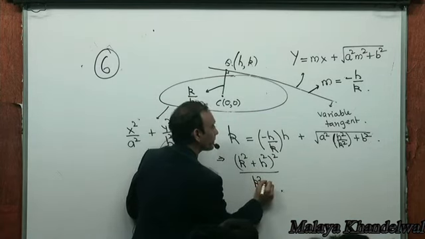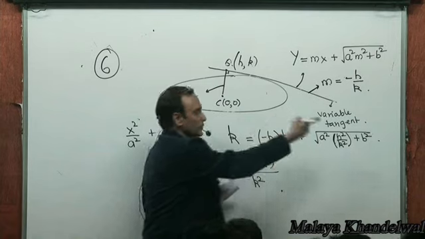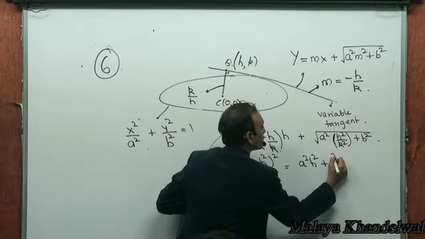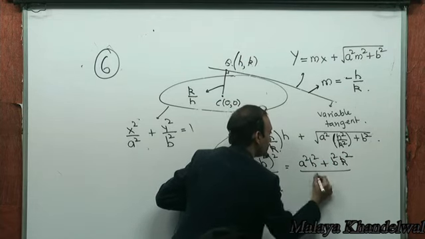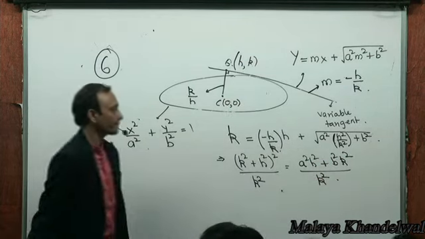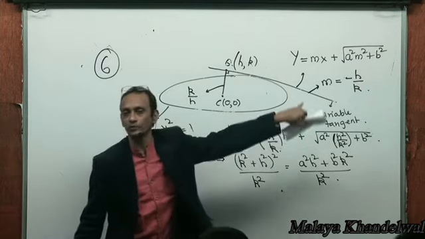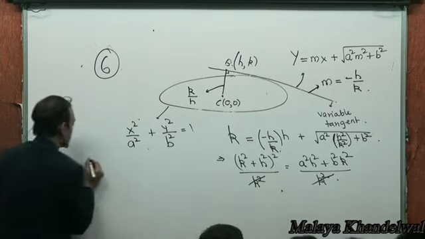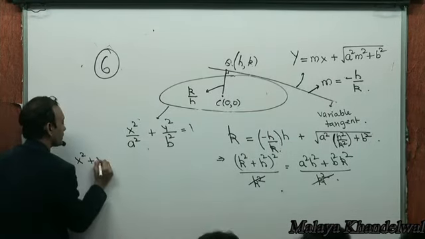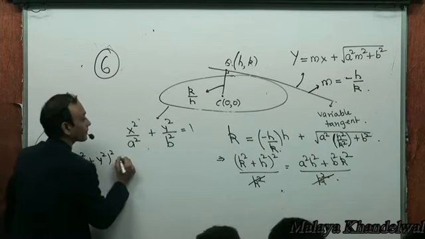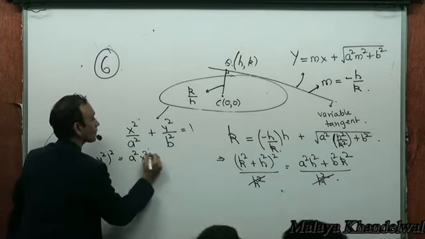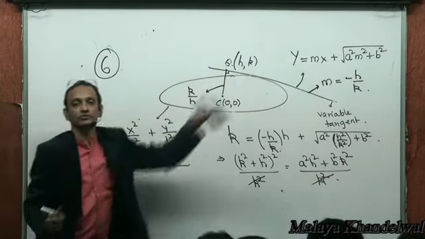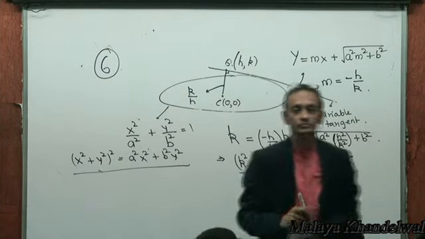Transposing this to this side and squaring both sides, we get a squared h squared plus b squared k squared by k squared. This is what we did here. Clear? Then generalize this: replace h by x and k by y. That's the locus of Q.